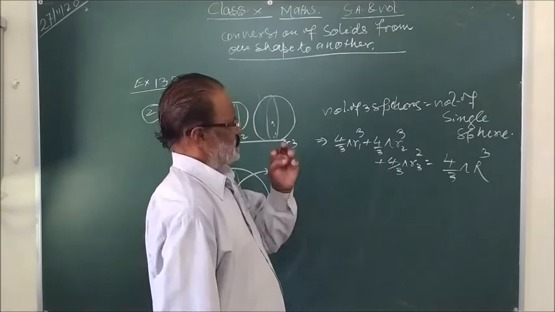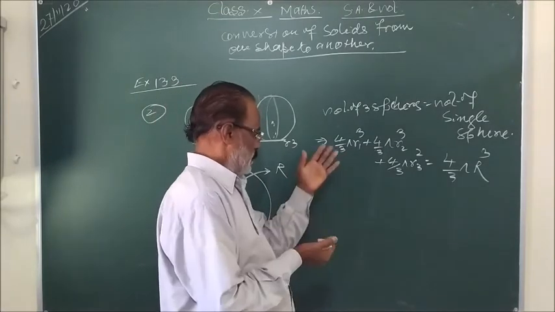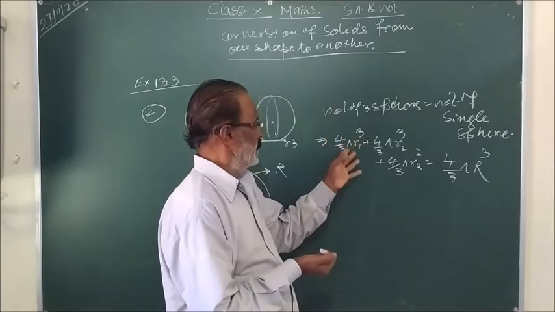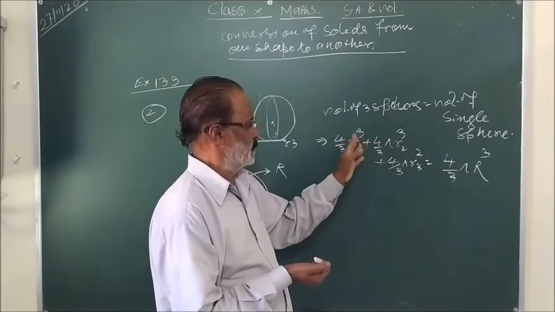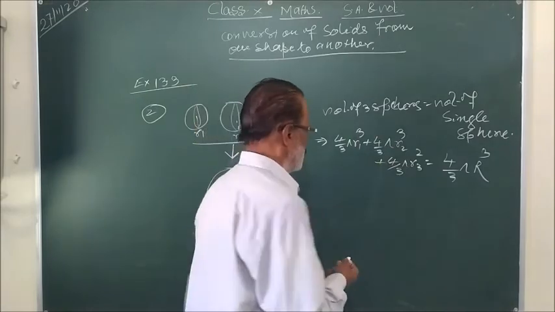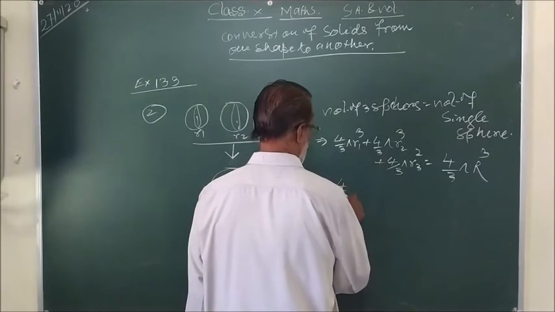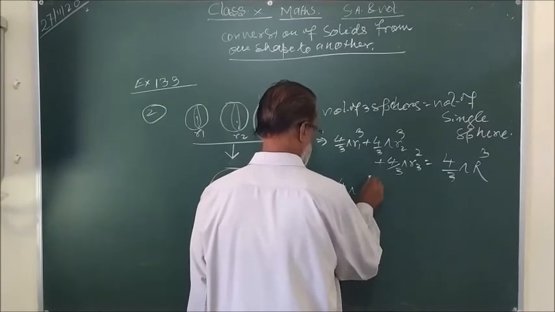Now here you will see the technique in this particular question. Although you could find the volume of the first, second and third spheres and find the sum, which will be equal to this. But here, you take 4 by 3 pi common on the left side.